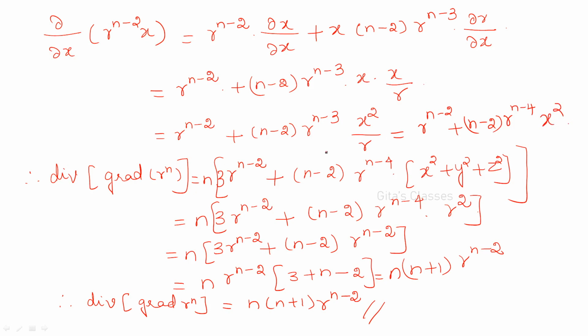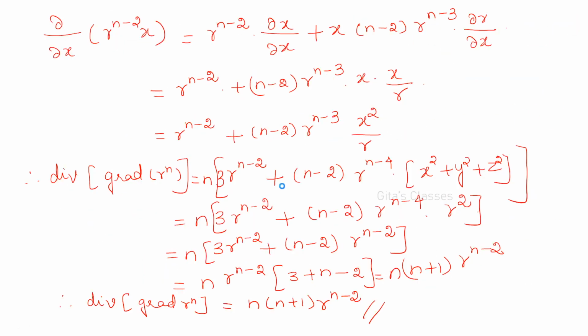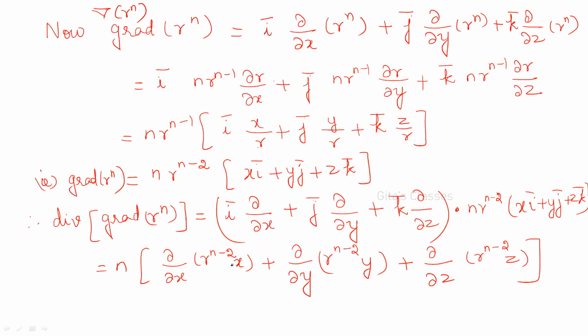Okay. So similarly, ∂/∂y of r^(n-2) y is equal to r^(n-2), which will be the same, plus (n-2) r^(n-4) y^2. Similarly, with respect to z, if you differentiate partially, we will get z^2. Okay. So combining, now we have to substitute all the values in this divergence of the gradient of r^n. Then the divergence of the gradient of r^n is n, we have n here, in the right hand side.